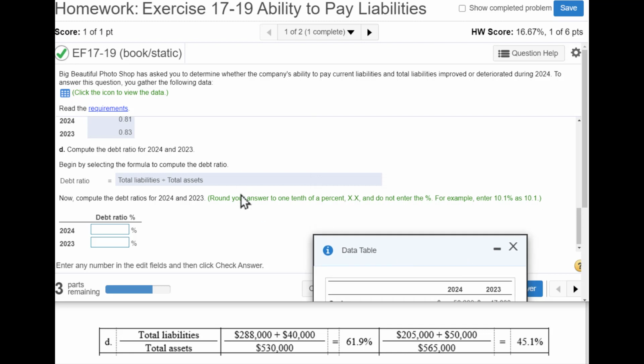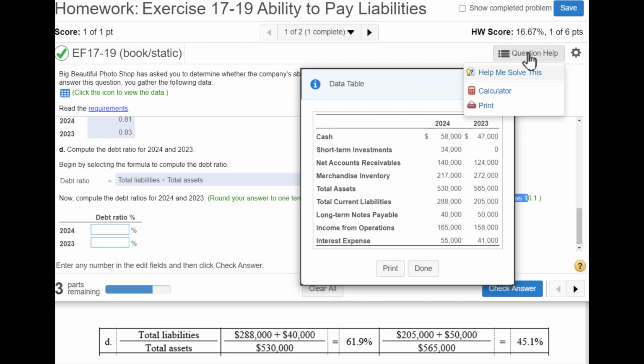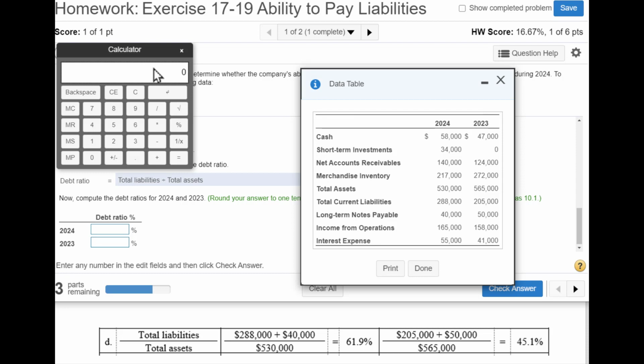And then notice it says round your answer to 0.1%. Do not enter the percent sign because it has a percent sign here. And for example, enter 10.1% as 10.1. So I'll do this one with you in case you're not strong with the calculator and the percentages.